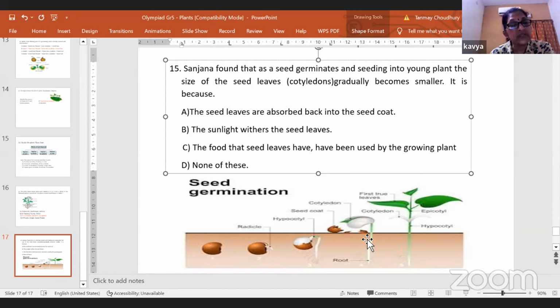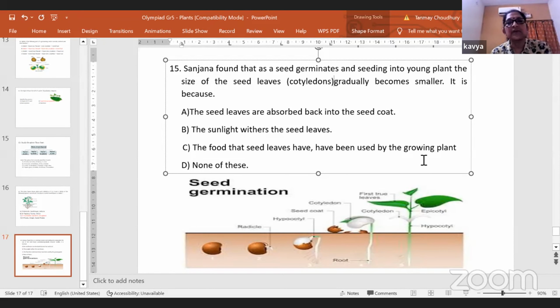In some dicot plants, not in all, the cotyledons come above the soil and they become green. Now, these are the first leaves. You can see the cotyledons here. They become small. Why? Because now the leaf has come up and it will start making food for the plant. And now no need for the cotyledons. So the cotyledons will shrivel, dry and fall off.